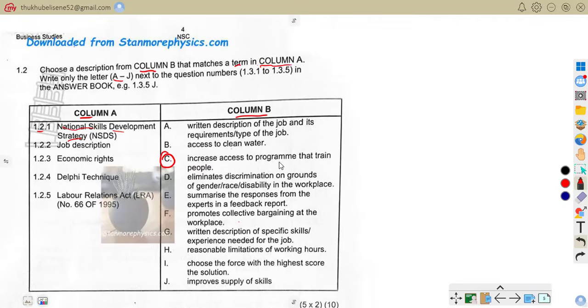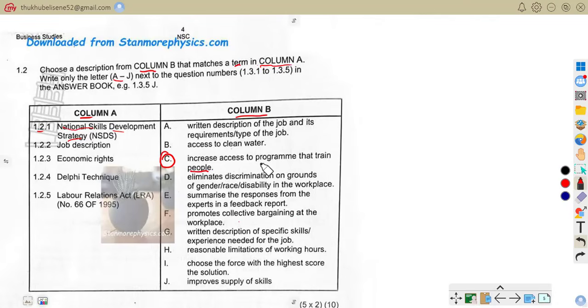Increase access to programs that train people. The definition I gave is that the National Skills Development Strategy is a plan to improve workforce skills. For example, training programs targeting unemployed youth in technology. So it's all about planning and coming up with training.